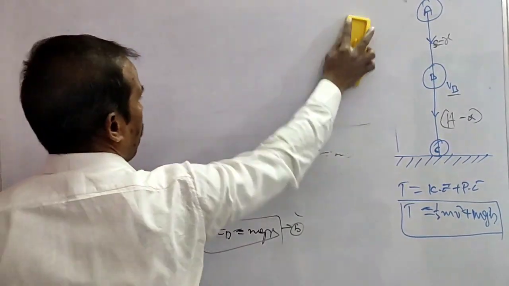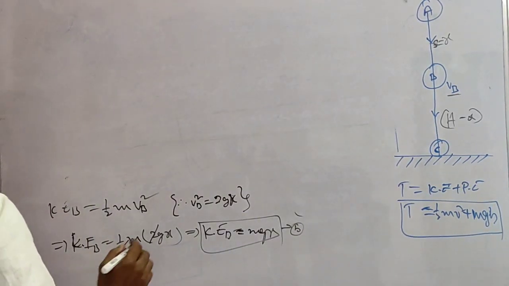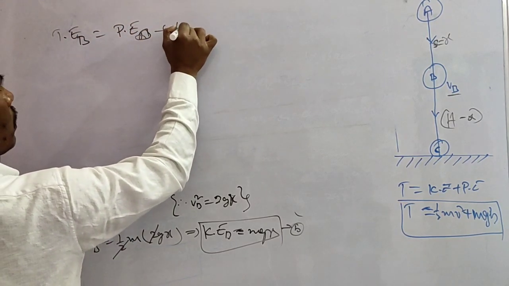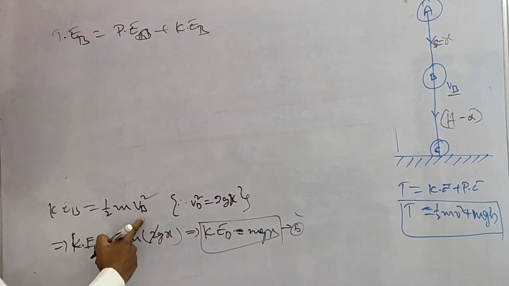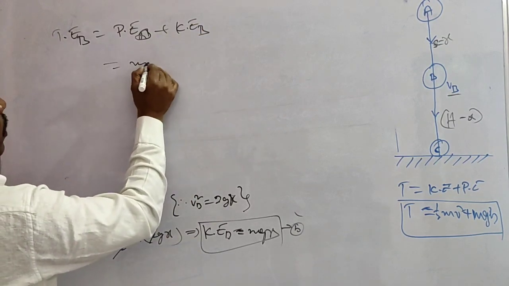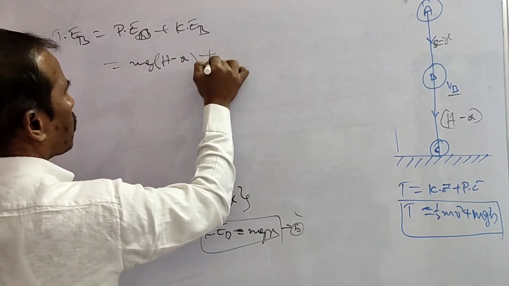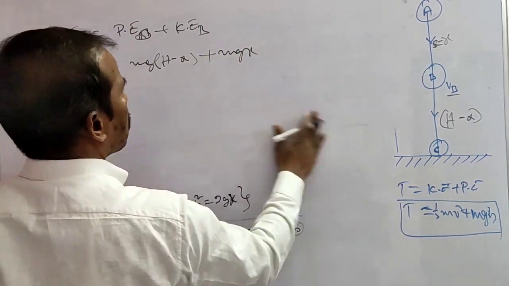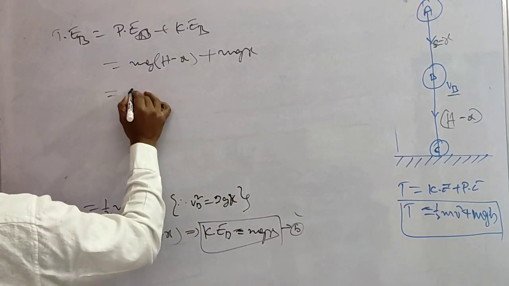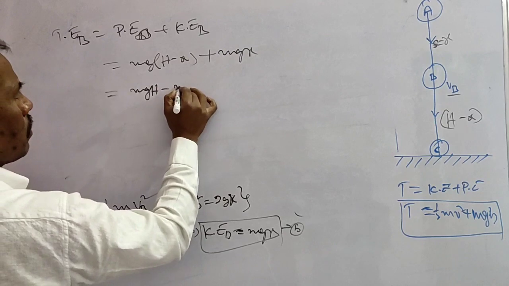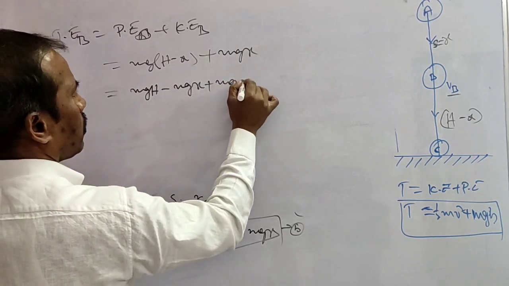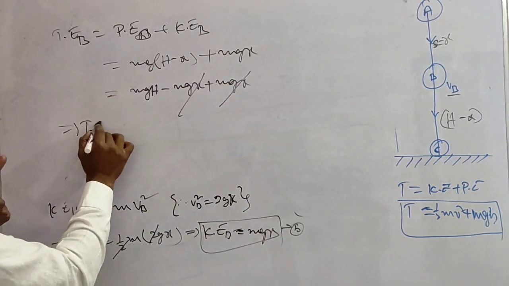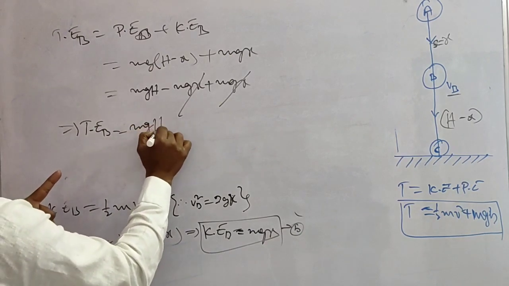Total energy at B point is equal to potential energy at B plus kinetic energy at B. Potential energy at B is mg(h minus x), plus kinetic energy at B, mgx. Multiplying inside, we get mgh minus mgx plus mgx. These terms cancel, so the remaining total energy at B point is equal to just mgh.